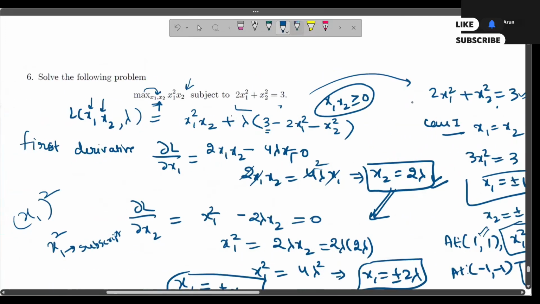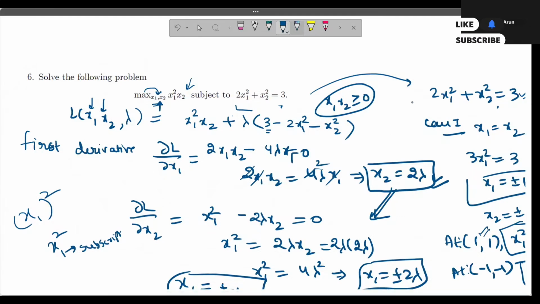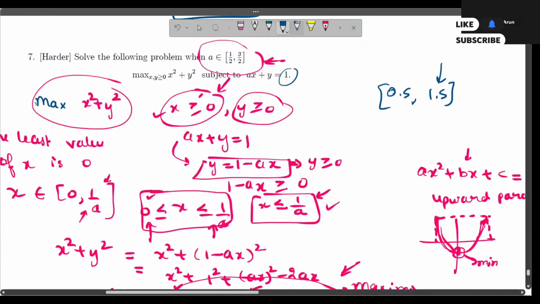So Lagrange also works sometimes. How do we solve it another way? For the other way, I must have more than one constraint, just like we have been doing here.